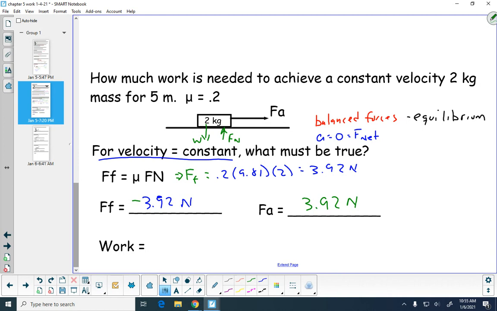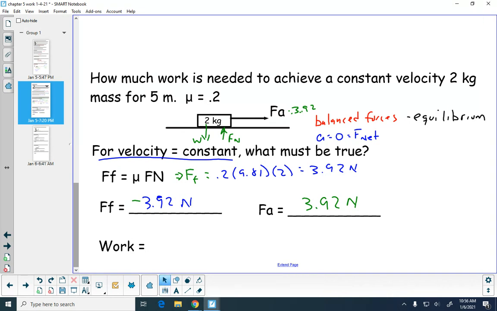So we want to calculate how much work is required to pull this 5 meters. Well, we have 3.92 newtons applied that's going horizontally. This is how much force that we must apply horizontally to get this object to move at a constant velocity. So to calculate our work, we could take our force times our displacement.